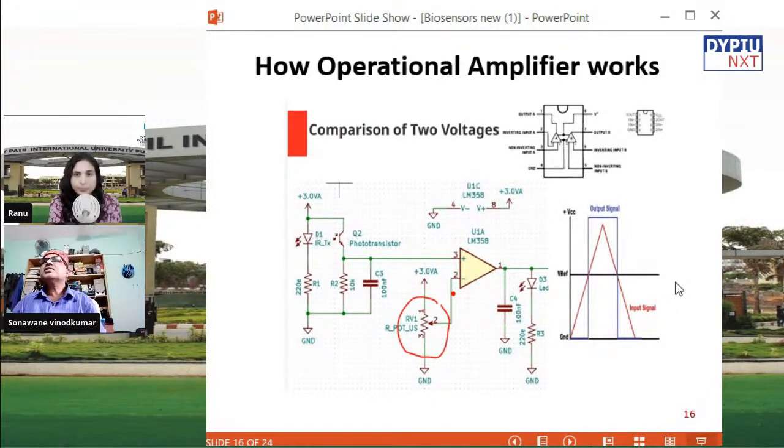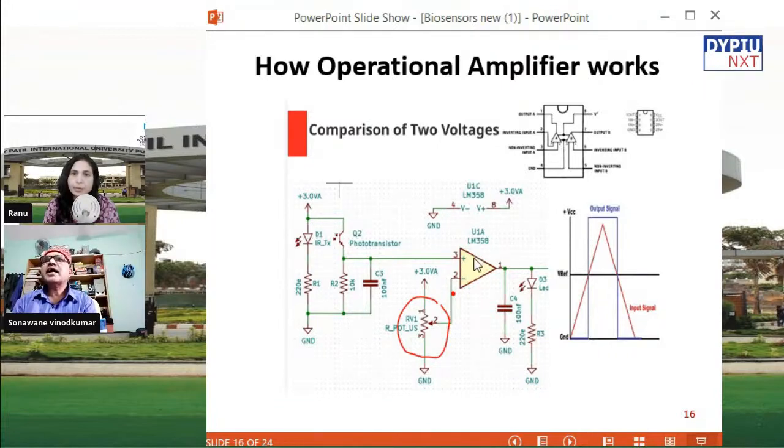Okay, so this diagram shows a little bit how the operational amplifier works. In this operational amplifier, I have shown the pins: pin number 1, pin number 2, and pin number 3.